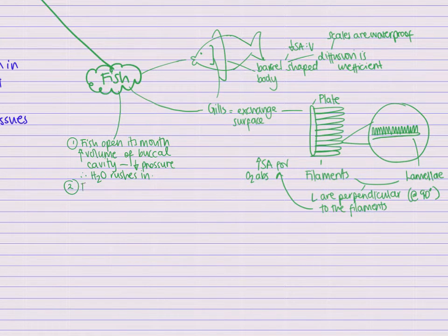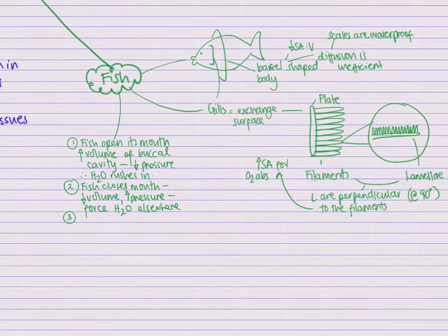Step two, though, the fish closes the mouth. And what that's doing is it's going to decrease the volume and increase the pressure, which is going to force the water elsewhere. And now that elsewhere is actually backwards.